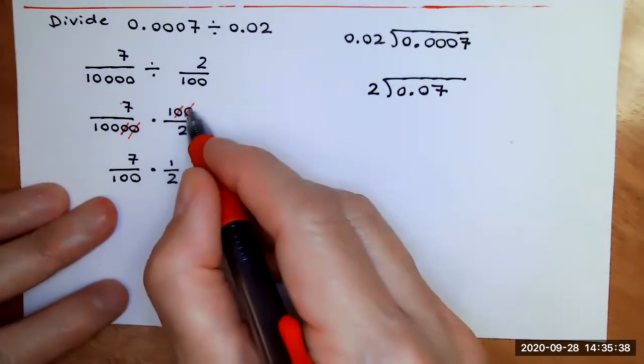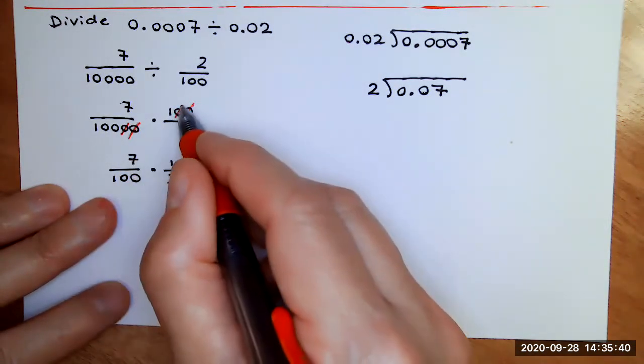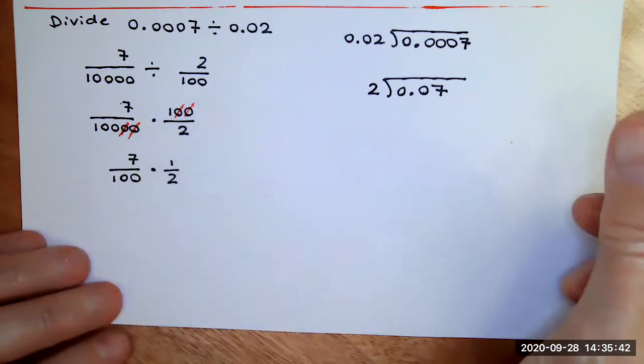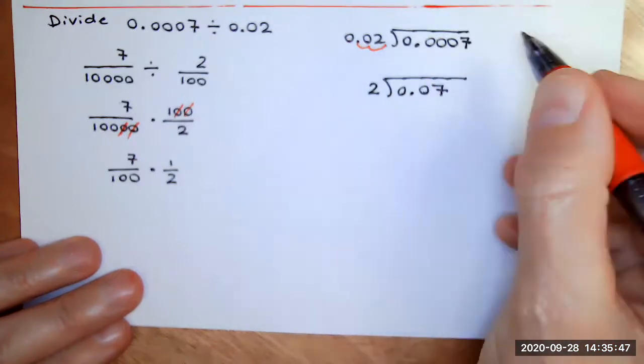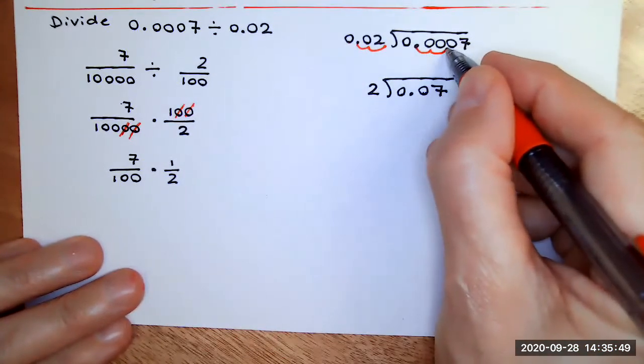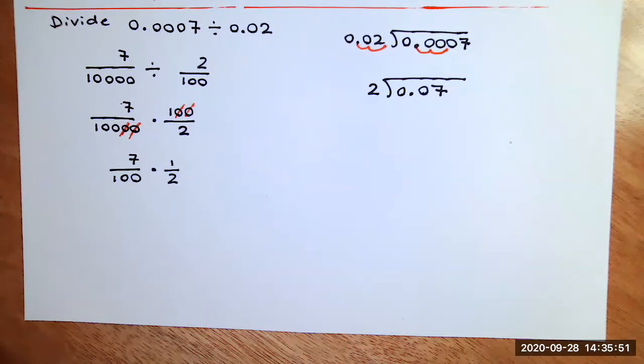So when we canceled 10 and canceled 100, that had the same result as moving this decimal 2 places and this one 2 places.